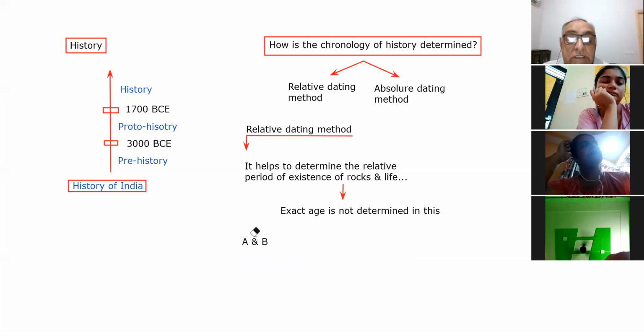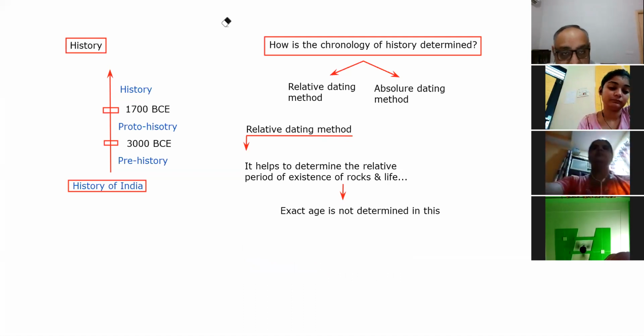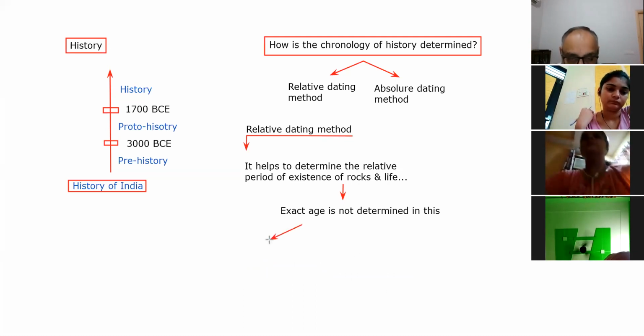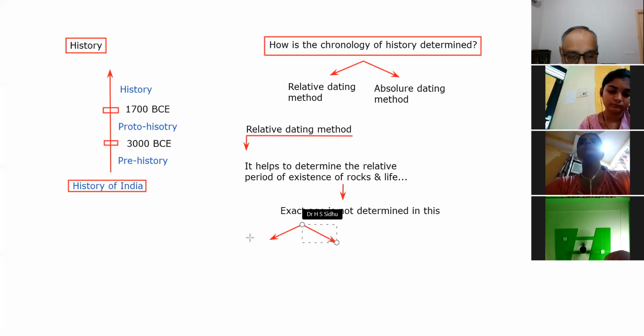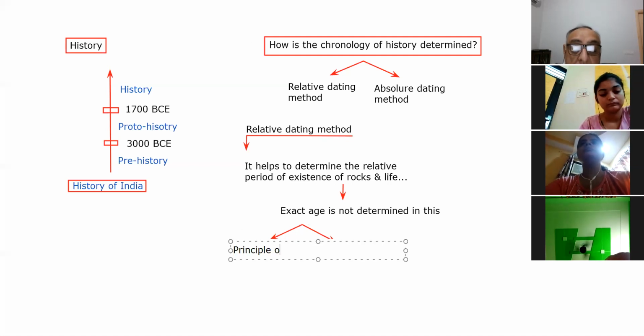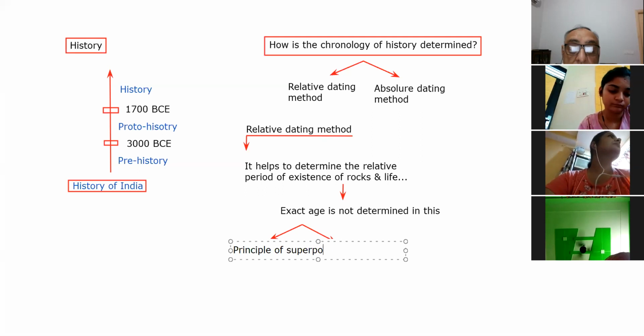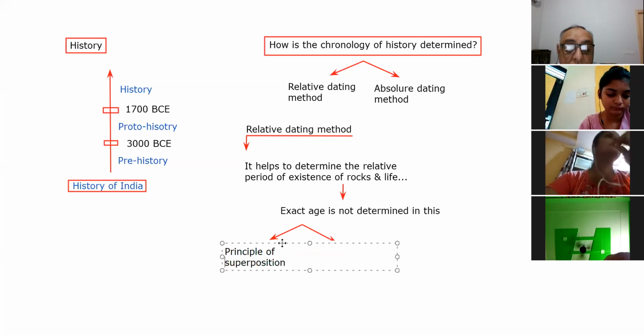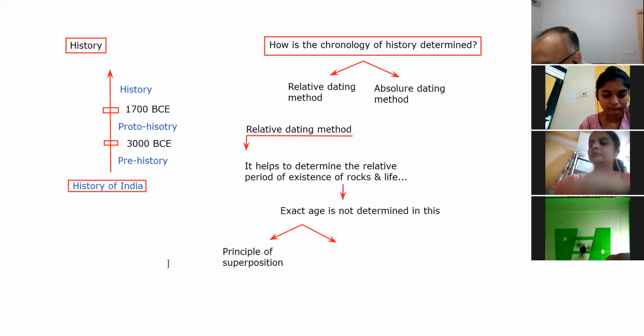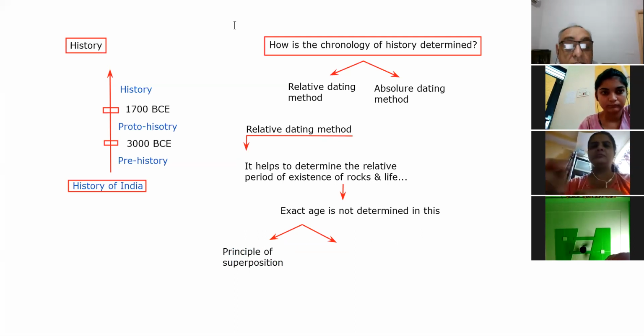This is determined on the basis of two principles. One is called the principle of superposition, and the second is called the principle of faunal succession.